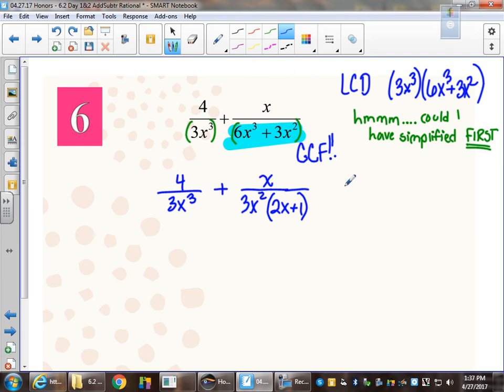So now that we have done that, check out what can happen. This x cancels with one of those, and I get 4 divided by 3x to the third plus 1 divided by 3x times 2x plus 1.